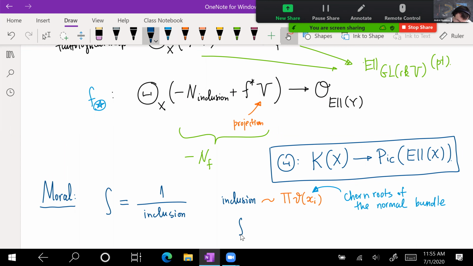And when we integrate, then the formula also contains theta of xi, which are the same for the tangent bundle.